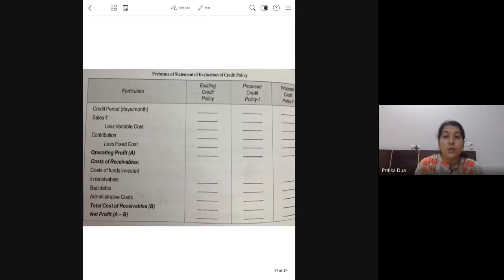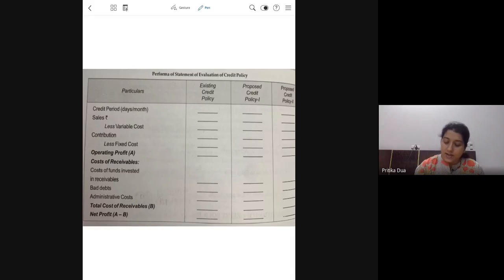For that, you will keep a check on the profit which is being made under the individual credit policies. And if the profit is increasing, you can go for the proposed credit policy. So have a look at the format under this.